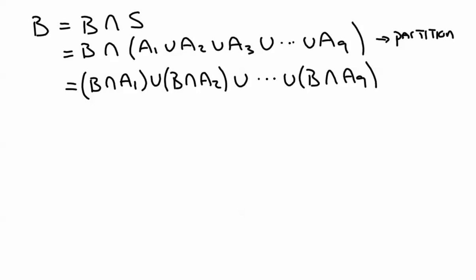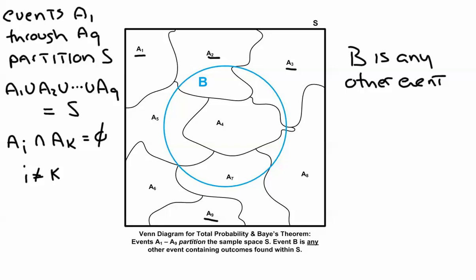Now notice that, let's go back over here. A1 doesn't intersect B in this particular figure, but A2 intersects B there. A7 intersects B here, etc.